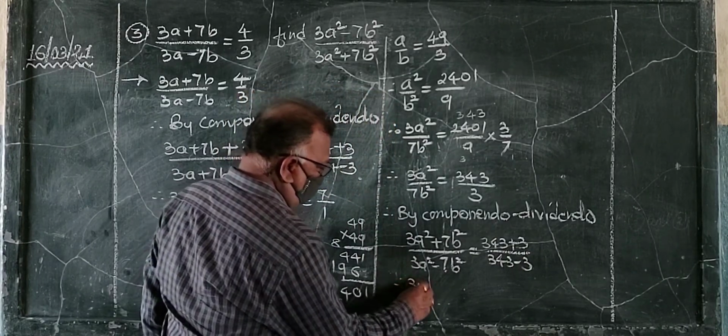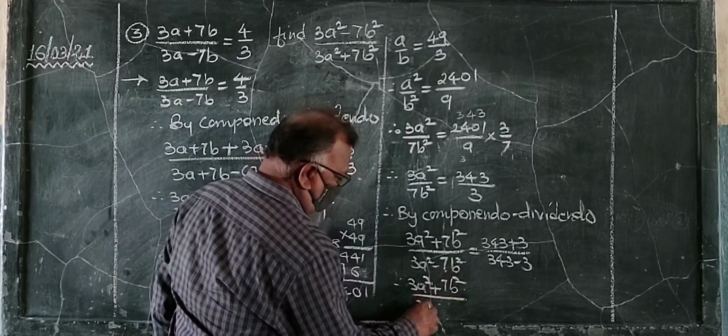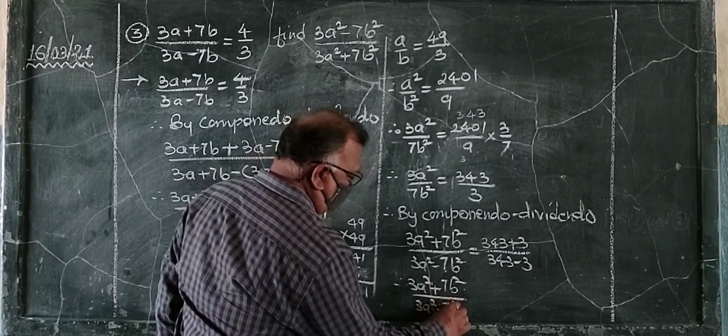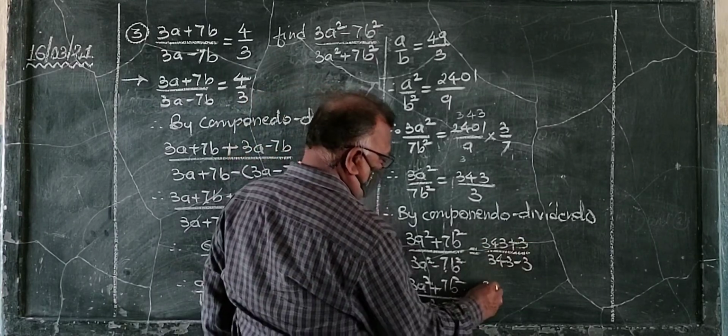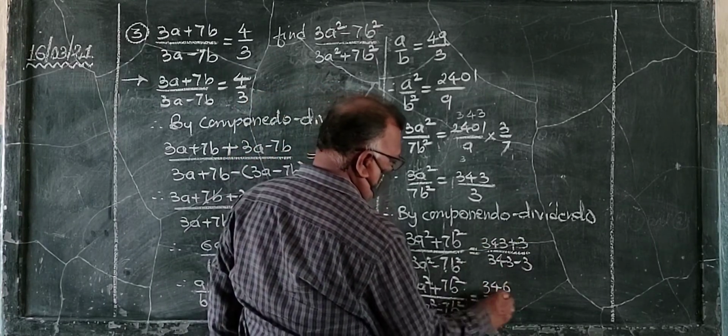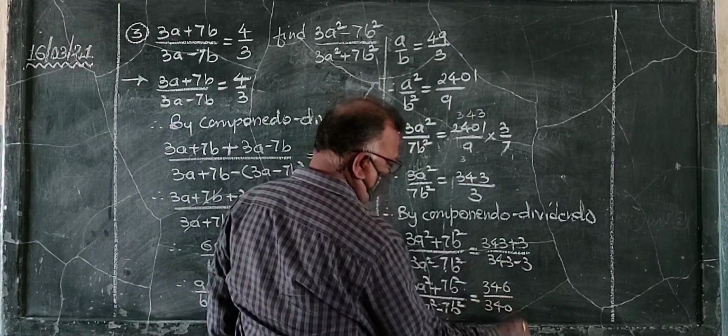Therefore, (3a² + 7b²)/(3a² − 7b²) is equal to 343 plus 3 is 346, 343 minus 3 is 340.